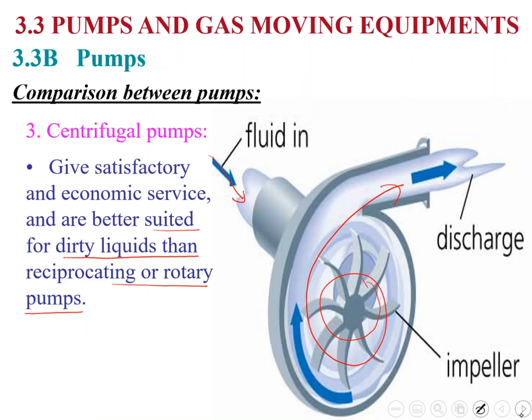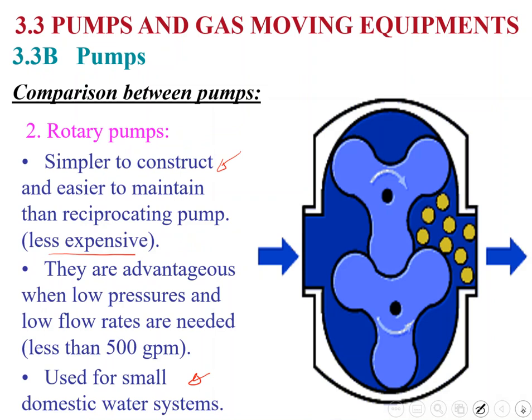Because in the previous two types, for example, if we go here, as you can see, you will be afraid of solids. Dirty liquids will contain solids, so you will be afraid of solids trapped here, and this will, let us say, cause problems for you in the pump.